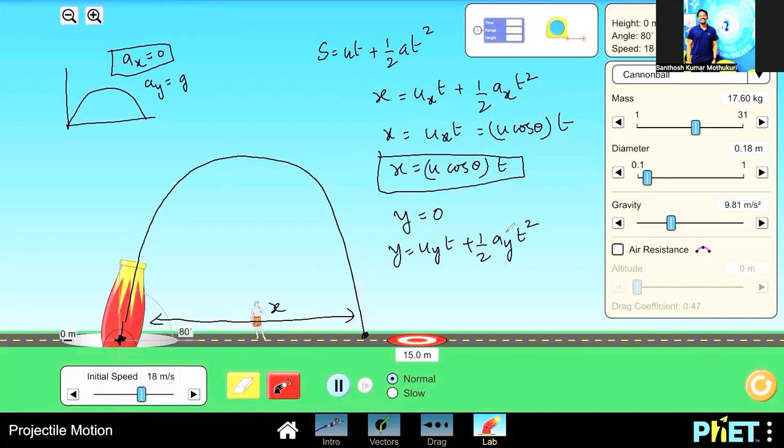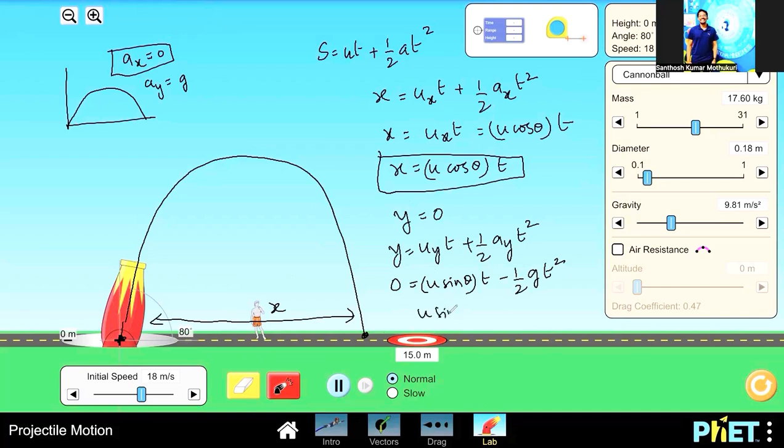With the help of this, let me figure out the time and then go back here and substitute to find the horizontal distance. Now, as we know, vertical displacement is zero once it lands on the ground. Uy would be u sine theta t, and this is negative g because it is along the negative y direction.